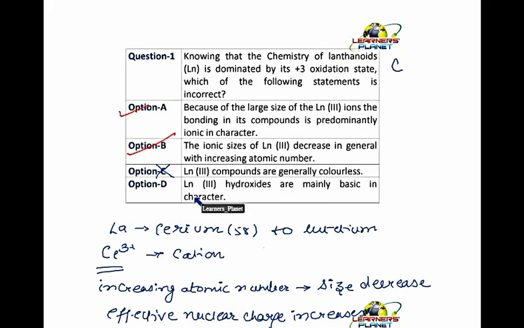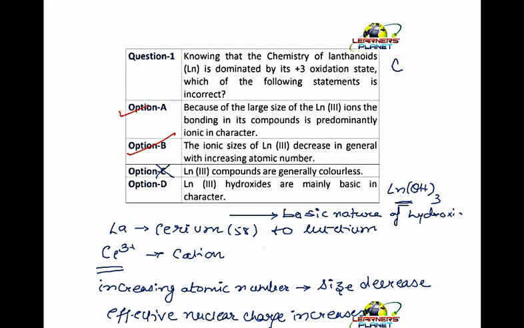Now, lanthanide 3+ hydroxides are mainly basic in nature. Will they be basic? Ln(OH)3, yes, they will of course be basic. Why? Because they are metal hydroxides, and secondly, they have ionic character. They lose their hydroxyl ions easily. But what will happen from cerium to lutetium to the basic nature of hydroxides? It will decrease.